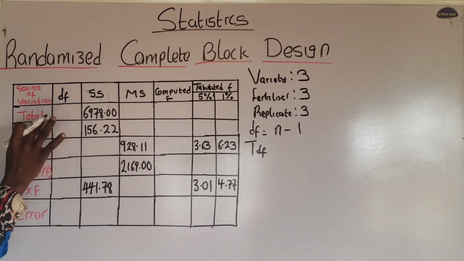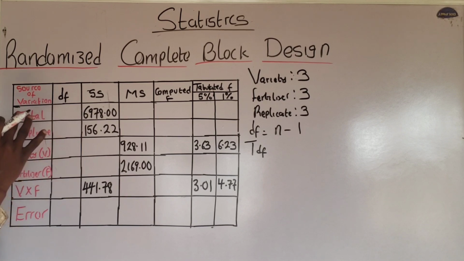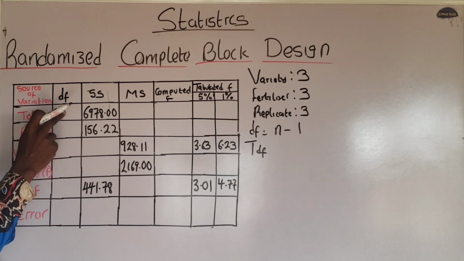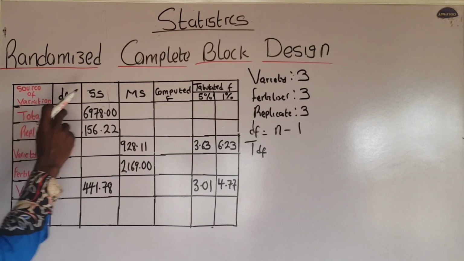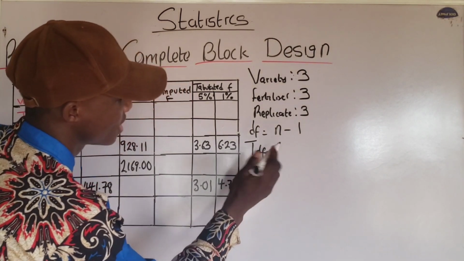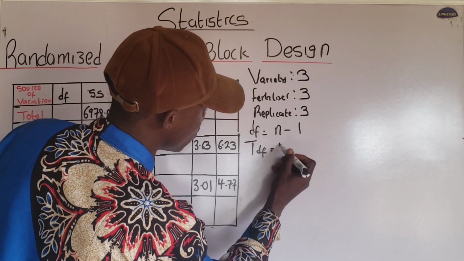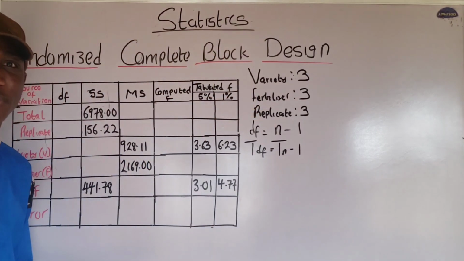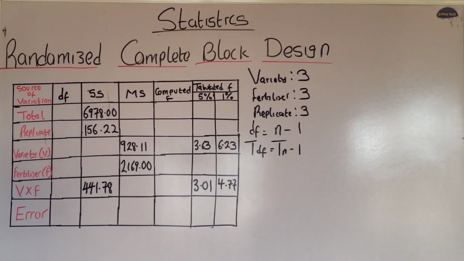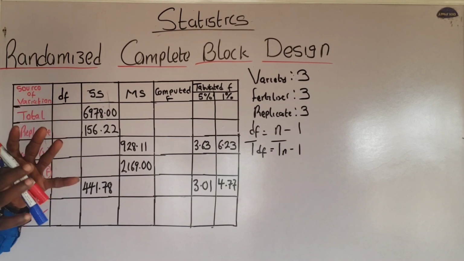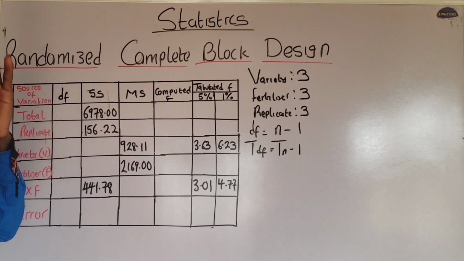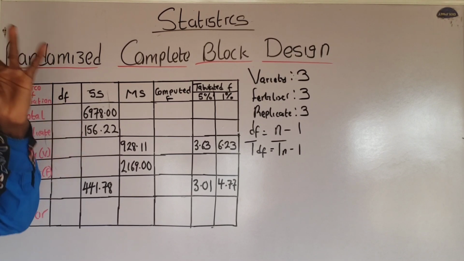Now, we need the total degree of freedom. To get the total degree of freedom, you have to use this formula. Total degree of freedom is equal to the total number of samples that you have minus 1. The total number of samples is the product of the variety, the fertilizer, and the replicate.